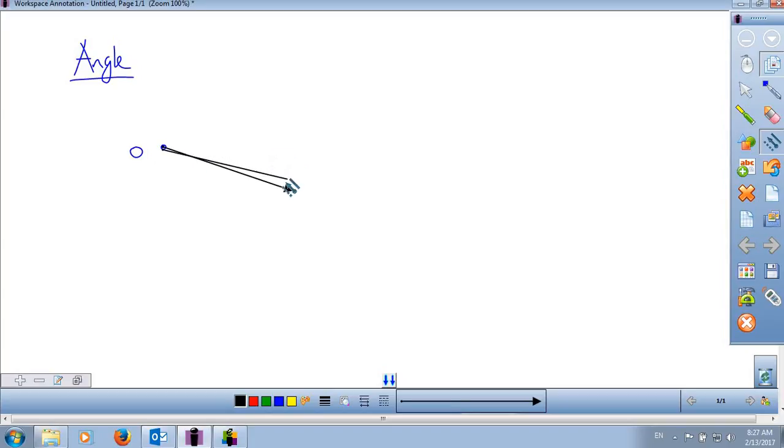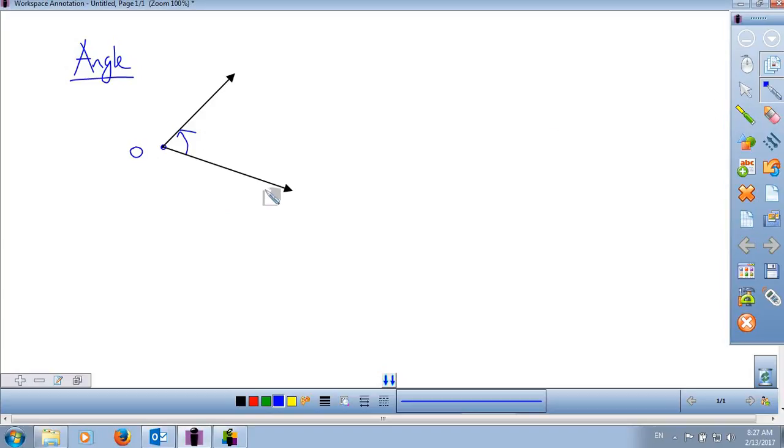To form an angle, we have the same ray start from one position and rotate in a certain direction to create the space in between the 2 rays, and that is called an angle. From here to here we have created an angle.